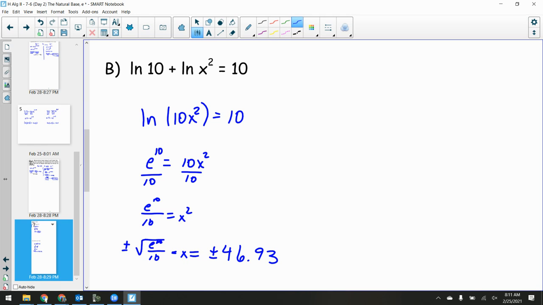And since it's going to turn positive before you evaluate the log, the negative answer will still work. Because it would be negative 46.93 squared, which would turn positive, then I can evaluate the log, and it's still within my domain. I'm not technically evaluating the log of a negative number. I wanted to give you one where a negative answer still exists. So yeah, my true answer is plus or minus 46.93, and I can keep both answers.